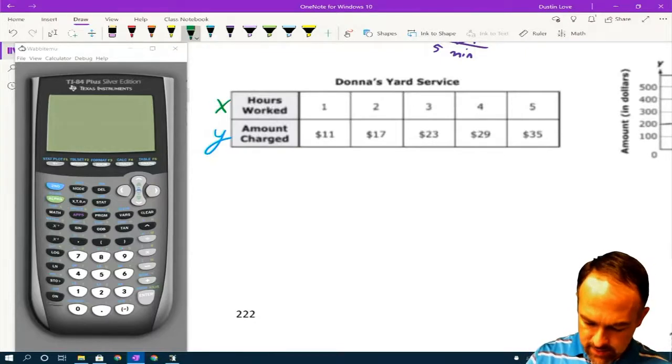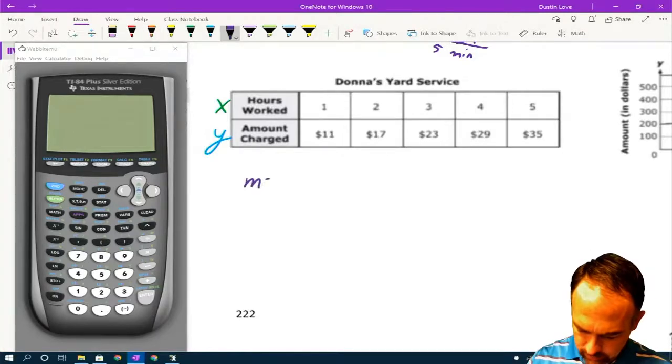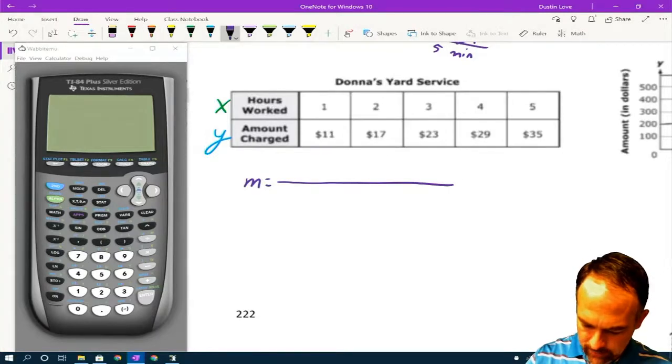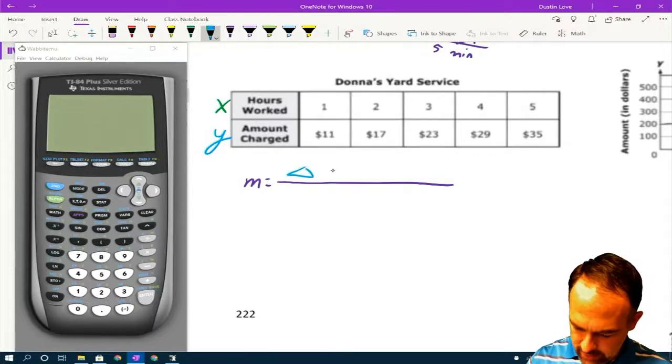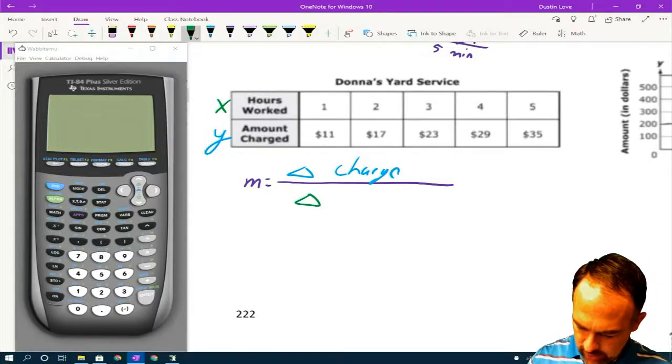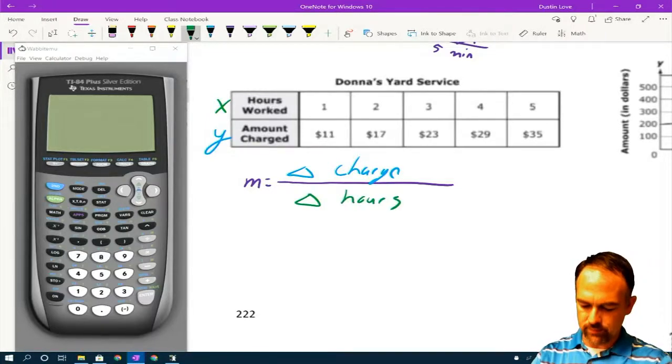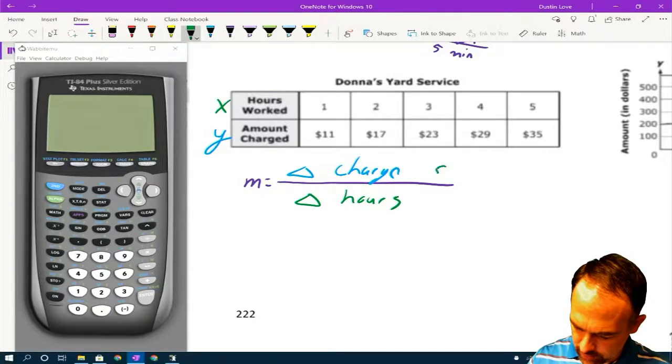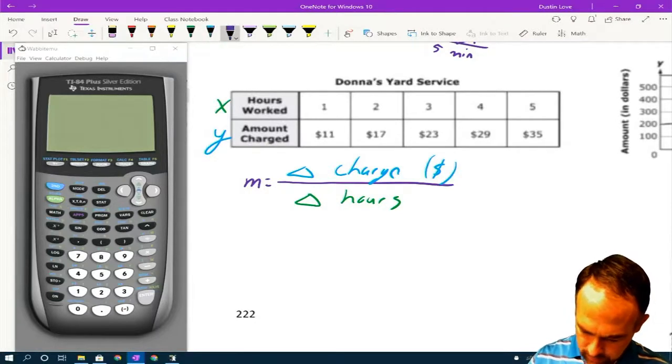Okay, let's talk about our slope. That's going to be our easiest one to do first. That is delta y, so that's the change in the charge divided by the change in hours. This one is always in dollars.